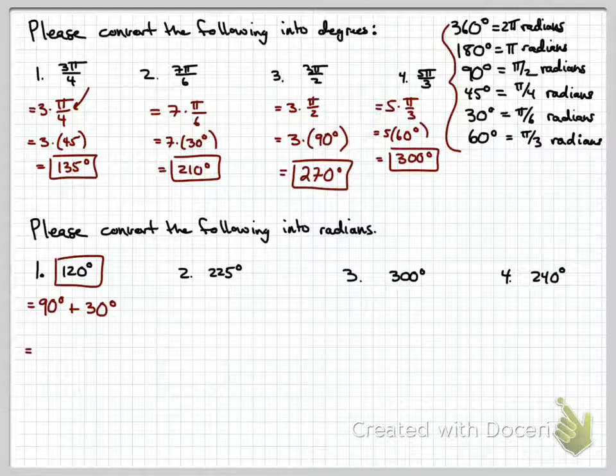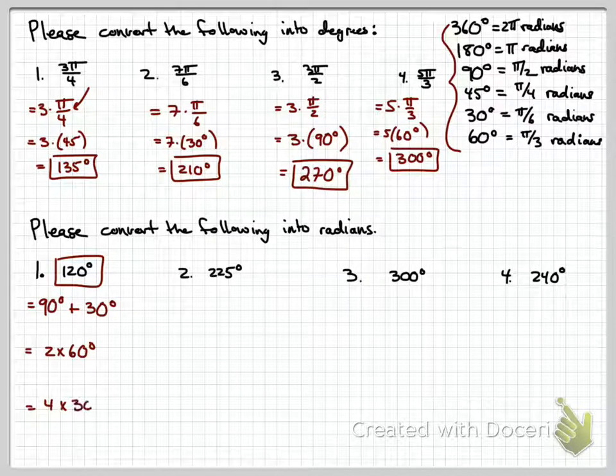This is equal to 2 times 60 degrees. Some people even say, I think this is 4 times 30 degrees. And whatever suits you, whatever you would prefer. So for instance, I know that 90 degrees is equal to pi over 2 radians, and 30 degrees is equal to pi over 6 radians.